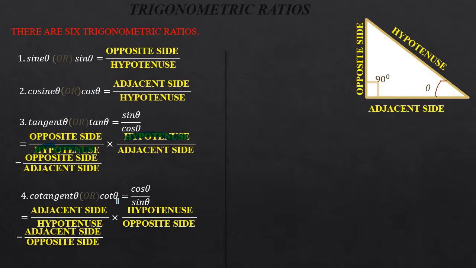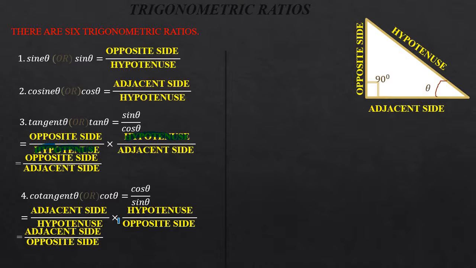The fourth thing is the ratio of cos theta and sin theta. This ratio is called cotangent theta, or in short cot theta. How can we say it in sides manner? Already we know that cos theta is adjacent side by hypotenuse, divided by sin theta. So sin theta is in the denominator. In the denominator we can write that number as a reciprocal in multiplication.